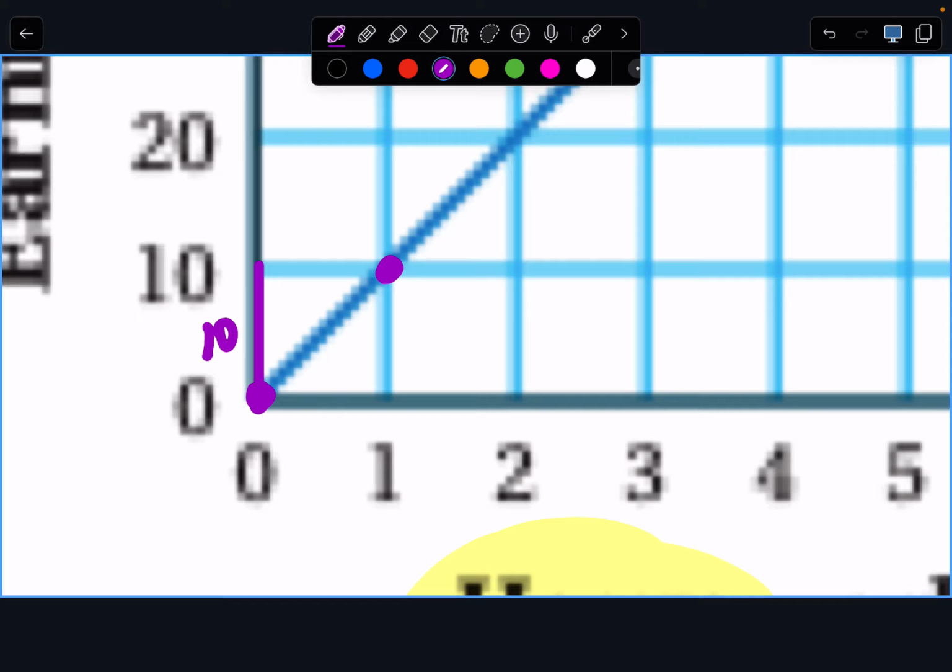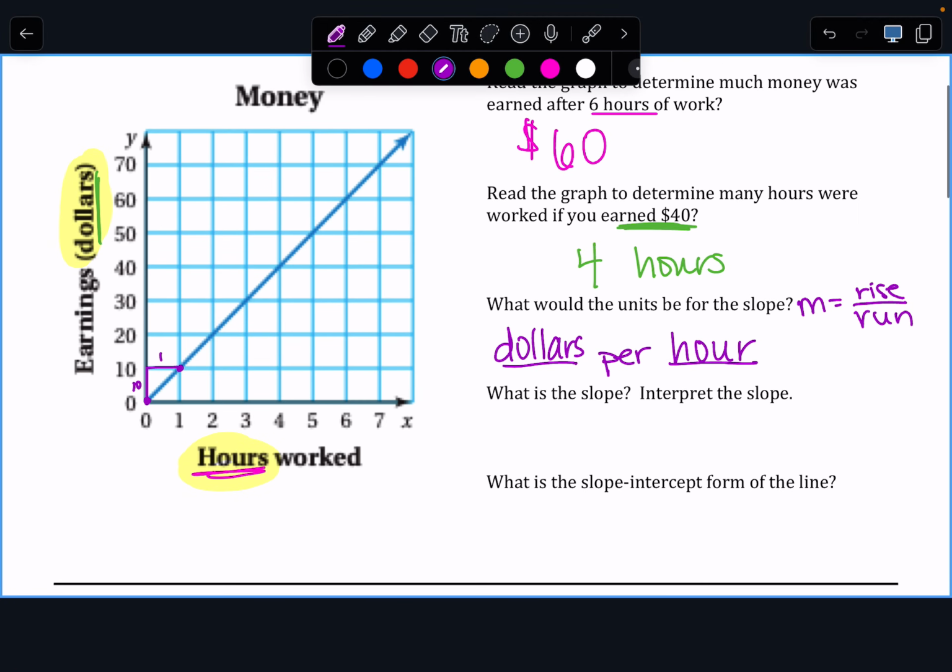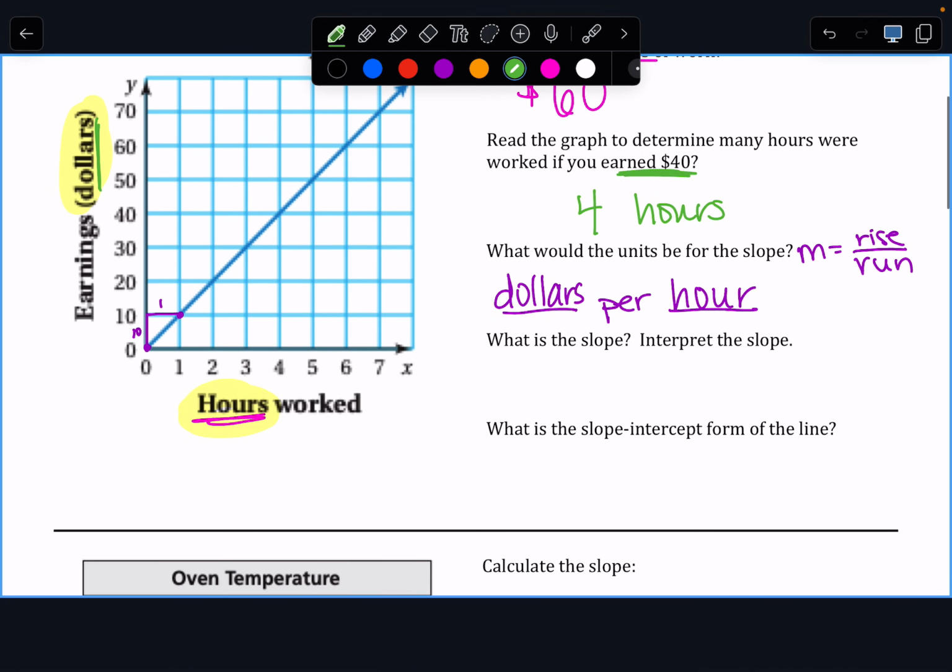It's 10. It goes from 0 to 10, right? How much do we run? 1. So our slope is 10 over 1. You told me that the units is dollars per hour, so our slope is $10 per hour.